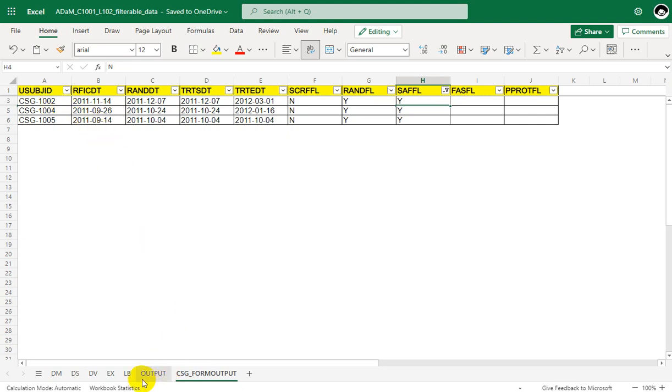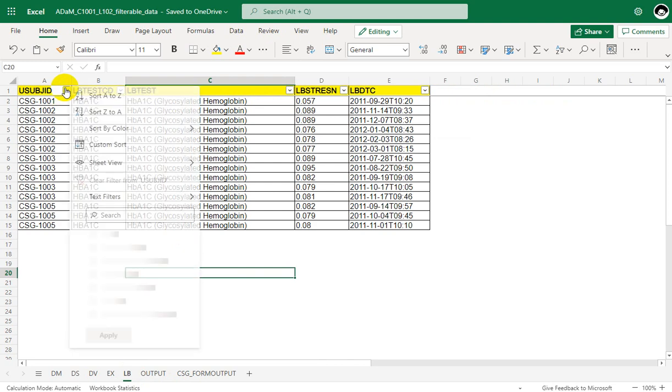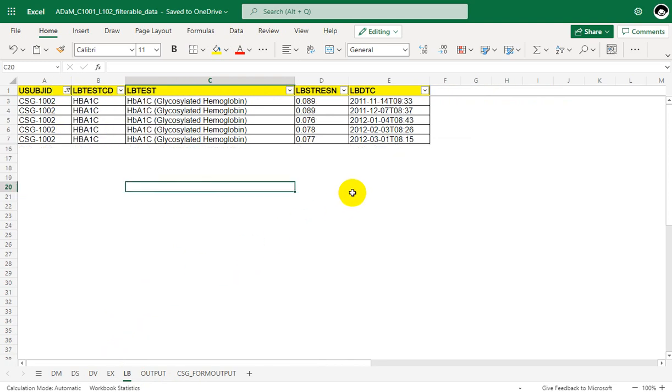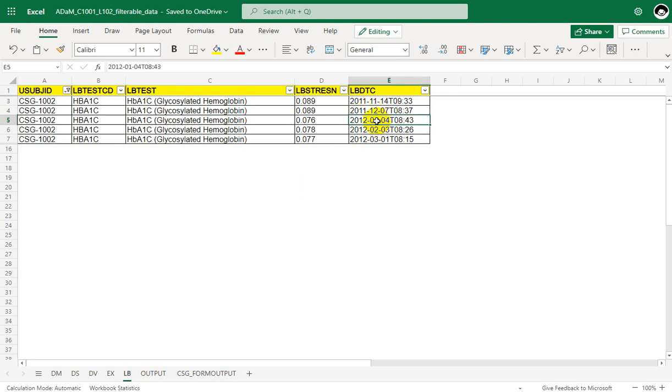Let us filter for subject 1002 first and see the measurement dates. There is one on 7th December 2011, and there are some collections after 7th December.